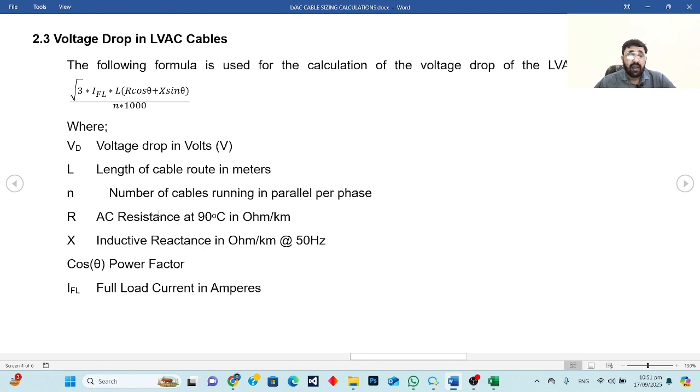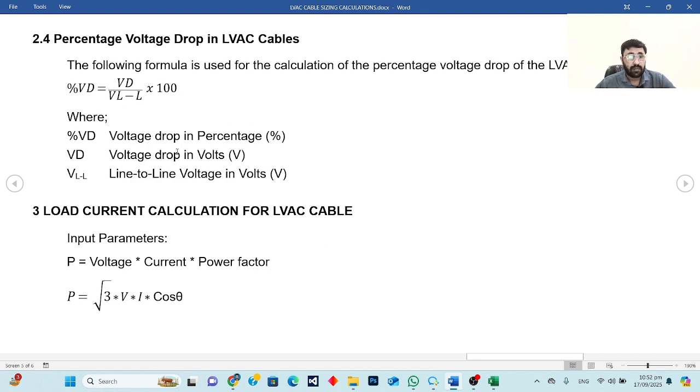R is the AC resistance at 90 degrees centigrade in ohm per kilometer. X is the inductive reactance in ohm per kilometer at 50 hertz or 60 hertz. What is your system frequency? Cos theta is the power factor and I is the load current, which is the output current of the inverter.